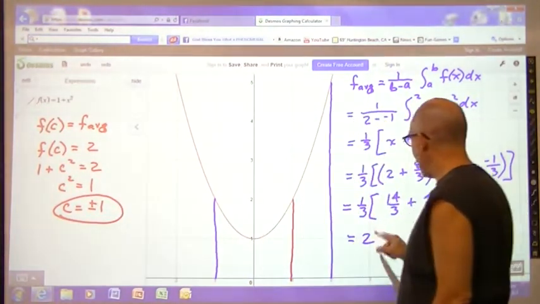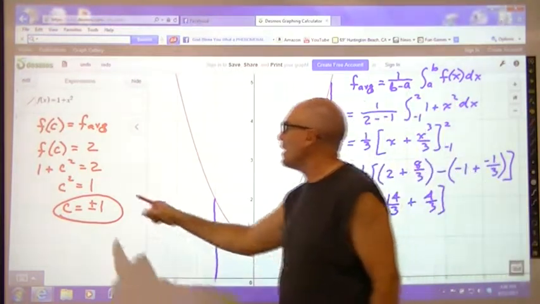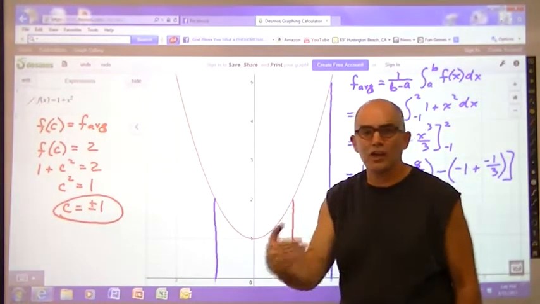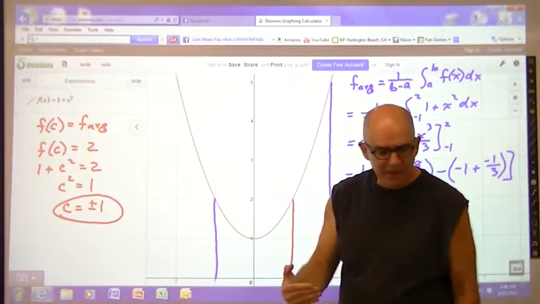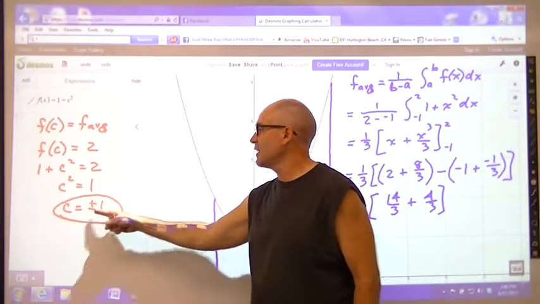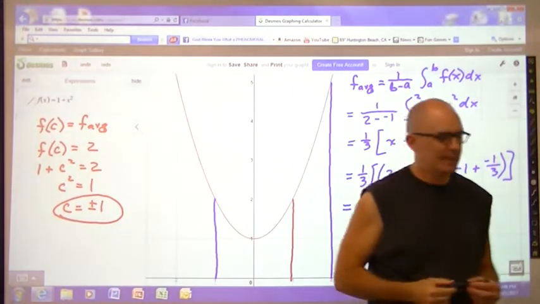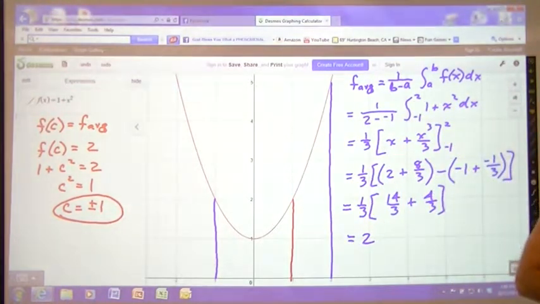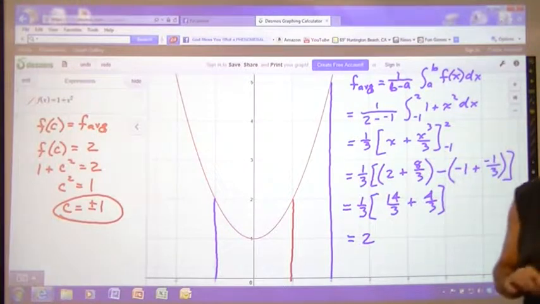So notice we got the average value of the function, and we got the x value where that occurs, and the mean value theorem for integrals states that you're guaranteed at least one of those values. Okay, cruising onward.